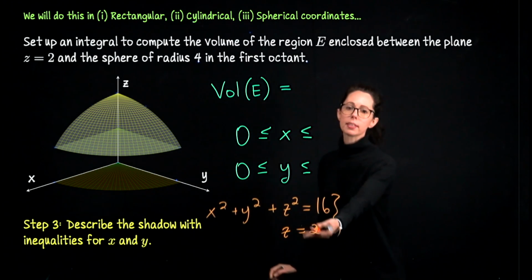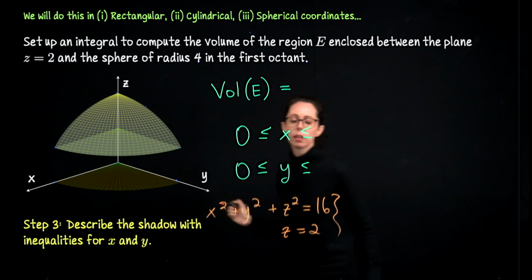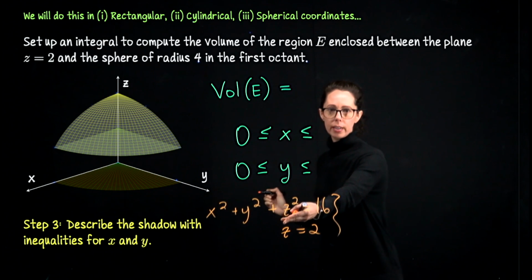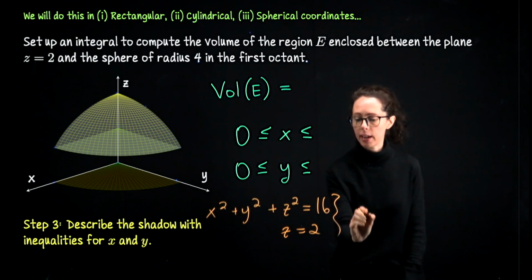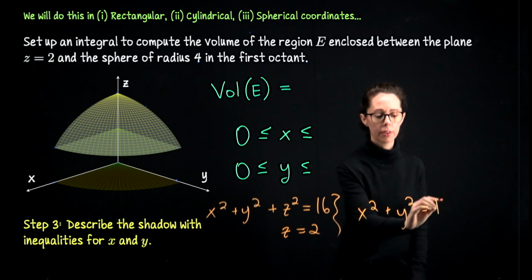It's like both of these statements are true about any point which lives on this intersection. Okay, but if z is 2, then I can substitute it in for the z expression in our spherical equation, and that tells me that x squared plus y squared equals 12.